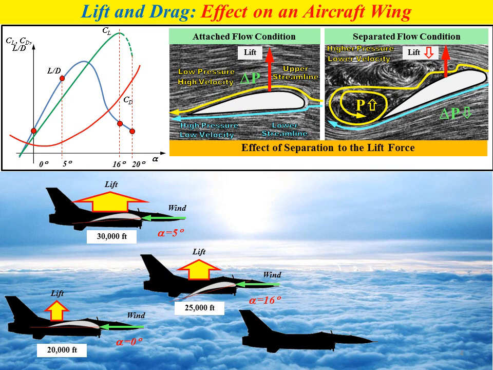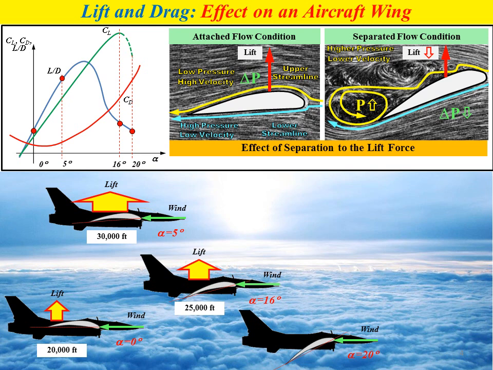Okay, now when we change the angle of attack to 20 degree, the airfoil of the aircraft wing will enter the stall region, where more separated region will occur on the wing surface. So we'll have a reduction of lift coefficient with a higher value of drag coefficient.